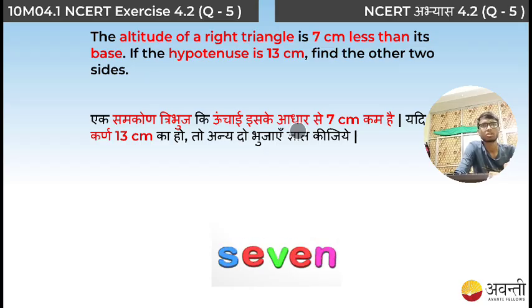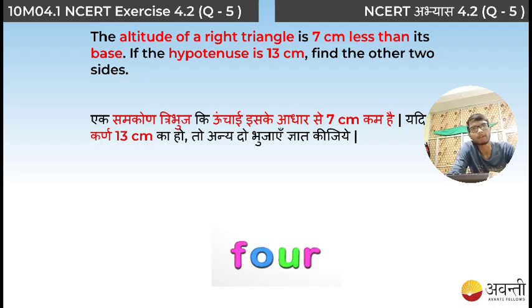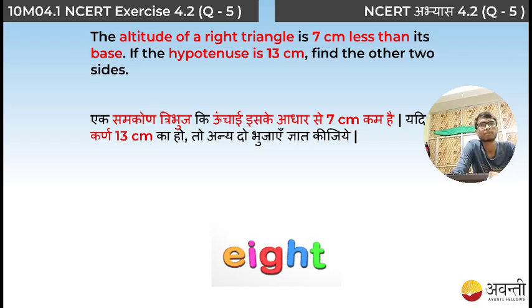Okay, so we can say base is x and altitude is 7, but altitude is just 7 centimeters less. Can we say base x and altitude x minus 7? If the hypotenuse is 13 centimeters, then find the other two sides. So first would be x and second would be x minus 7.